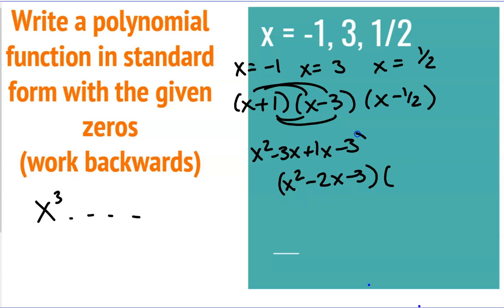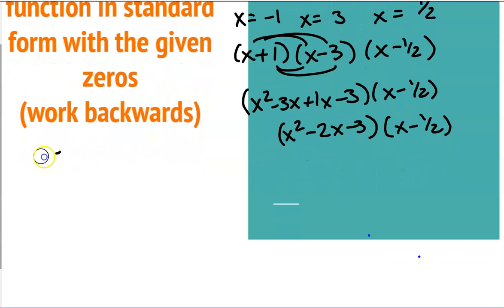And I still have to multiply it to x minus 1/2. All right. Multiply these together. You can do distribution. I personally like to use the box to help with multiplying these kinds of things. That's what I'm going to do over here. We have x, we have negative 1/2, multiplied by x squared minus 2x and then minus 3.